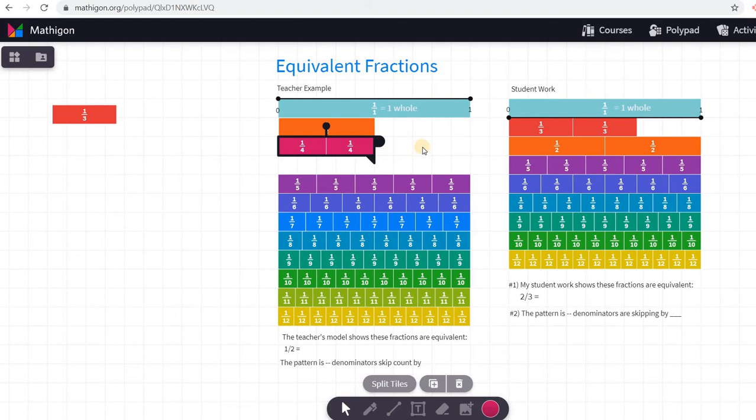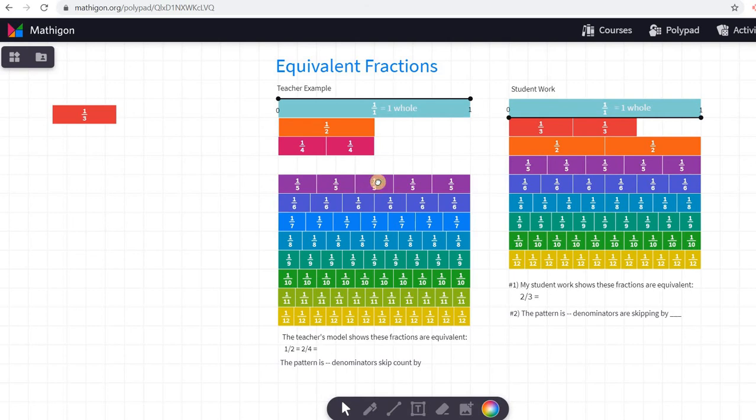Try one more, subtract another 4th, and look, 1/2 is equivalent to 2/4. So I can come down here and include that the teacher's model shows these fractions are equivalent. 1/2 is equivalent to 2/4. And I probably have more fractions to include, so I'm going to include another equal sign just in case I need it.